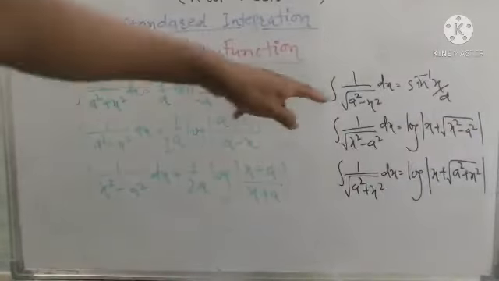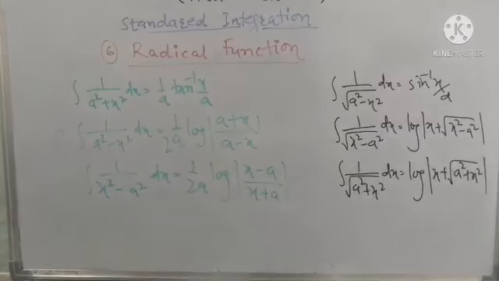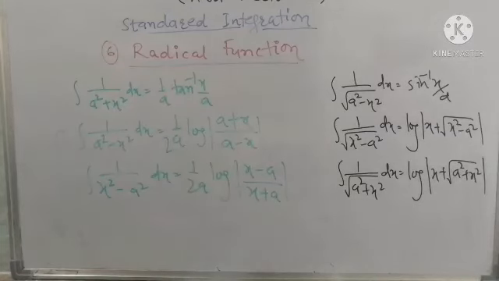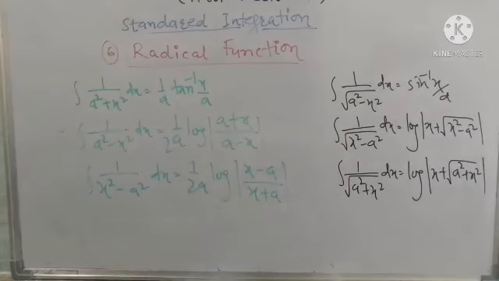Now, if a square minus x square is changed to x square minus a square, then the form will become 1 upon root of x square minus a square, and its integration becomes log of mod of variable x plus root of the denominator, that is the root of x square minus a square. And the last case, if addition is there, it means 1 upon root of a square plus x square or 1 upon root of x square plus a square, its integration will become log of mod of x plus root of a square plus x square.